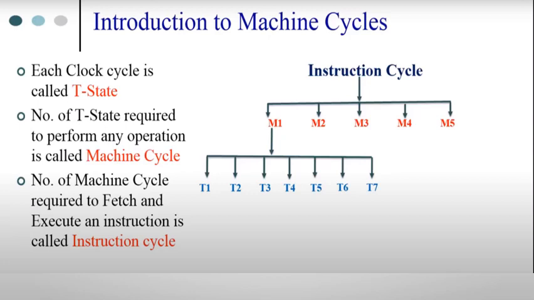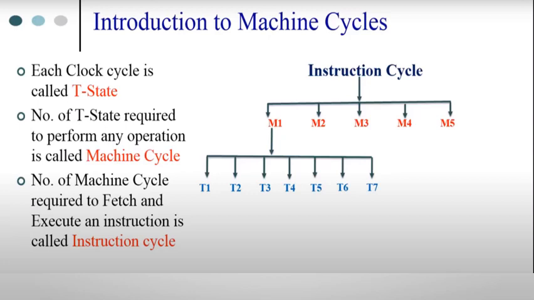Next, instruction cycle. Instruction cycle is the time required to execute an instruction. We all know that the microprocessor will execute the instructions given by the user. So the time required to execute an instruction is called an instruction cycle.